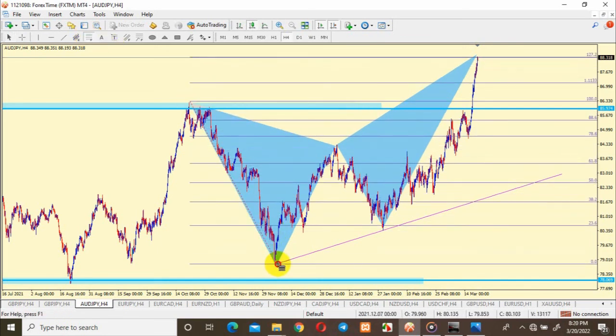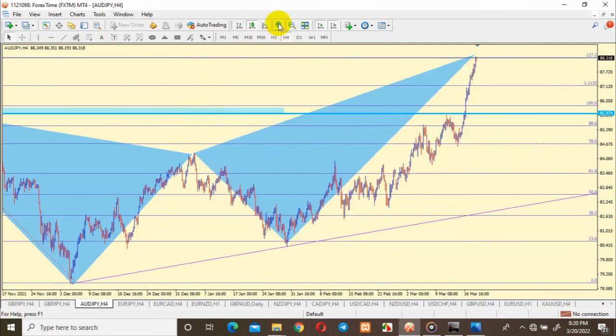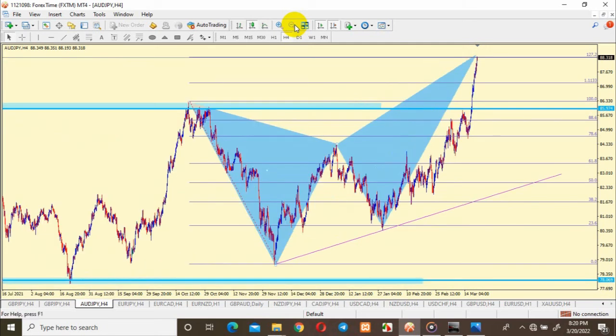Let's see if we're correct. Okay, you can see what we have there is crab, and you and I know that this is a retracement zone for butterfly or crab.